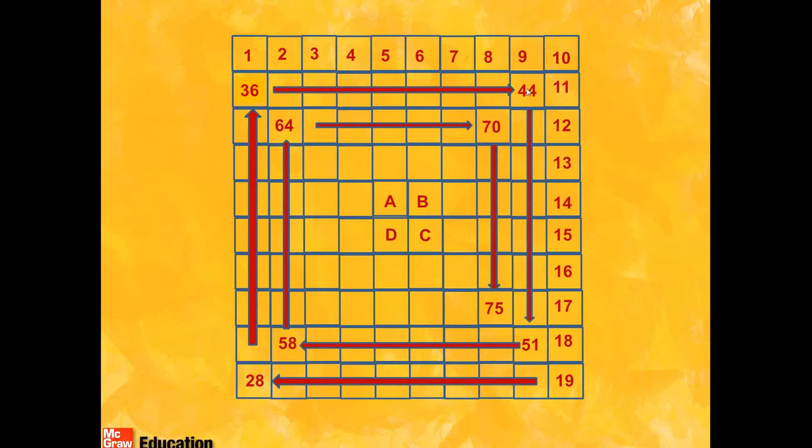You notice from 10 to 44 to 70, what kind of numbers are these? 36 to 64, what kind of numbers are these? 28 and 58. And then 19, 51, and 75. Is there something similar and something different about those rows of numbers?